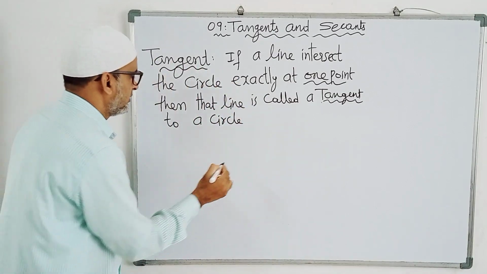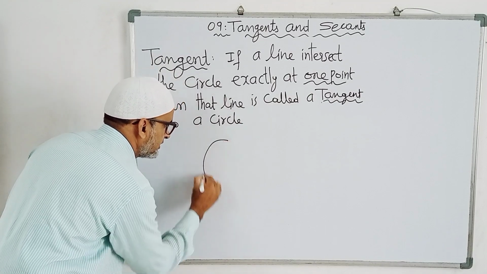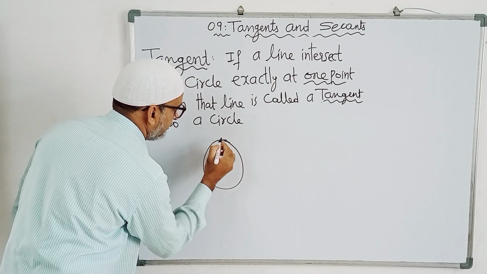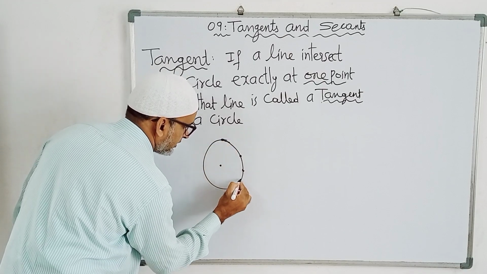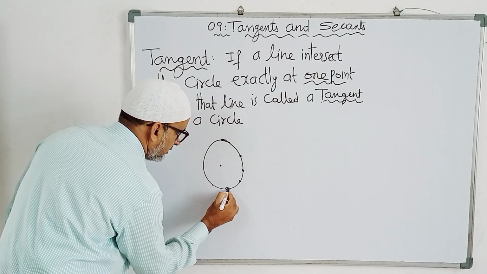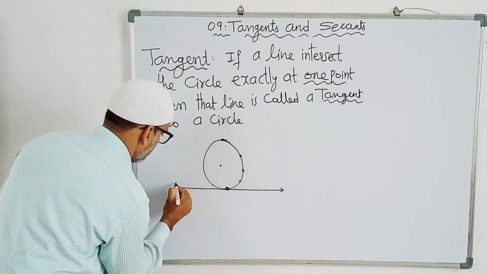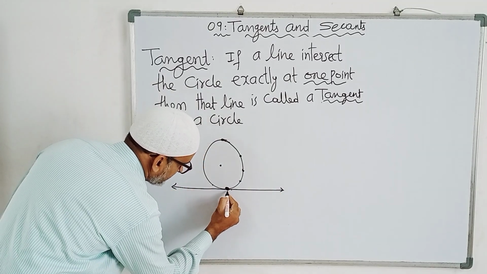Tangent to a circle means what? Suppose this is the circle. I told you that on the circle an infinite number of points will be there. Now what I am doing, I am taking one line like this. This line is touching the circle at one point.